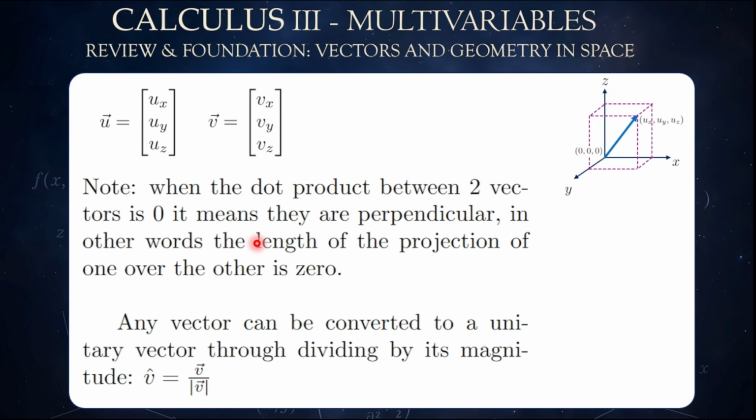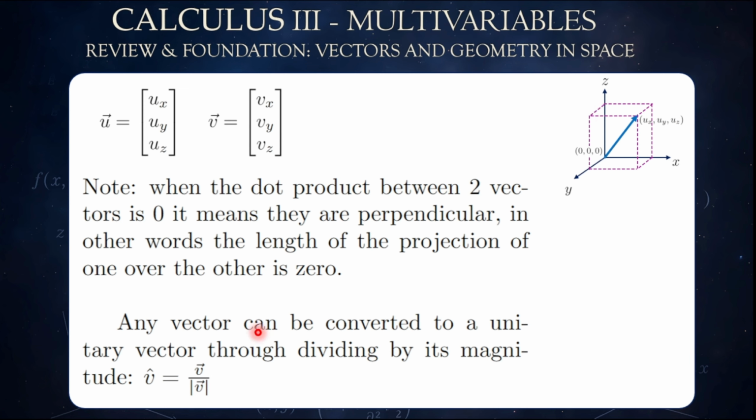Why? Because if you look at z and x, if you imagine them as two vectors, the projection of z over x is 0. It has no projection. Its shadow is right underneath it, so to speak.